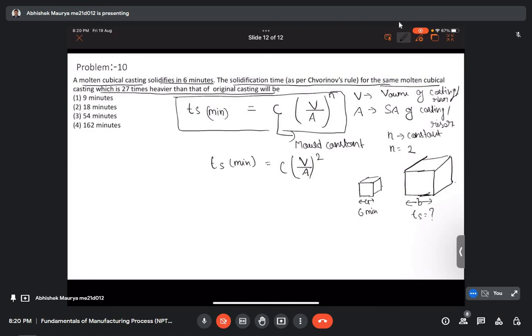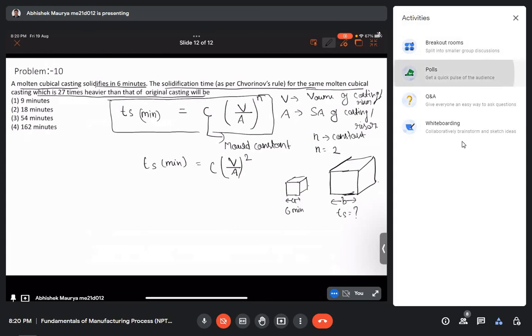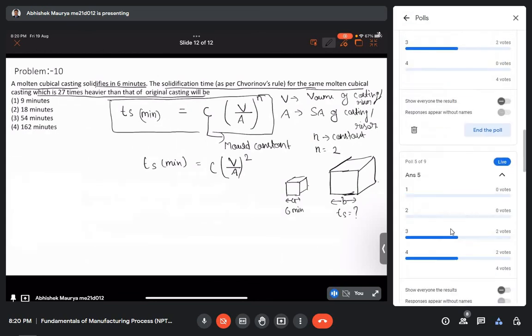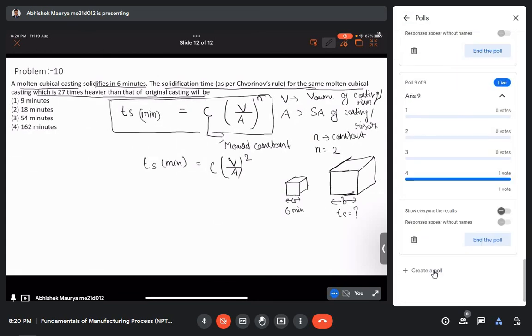Please try to understand the question and try to solve it on your own. Meanwhile, I will create the polls, and please give your response in the polling section, and after that we will discuss how to solve it if you face difficulty. Please take 1 or 2 minutes to solve it by yourself, and after that we will solve it together.